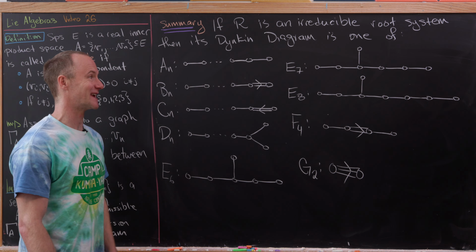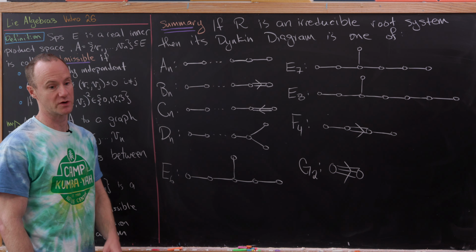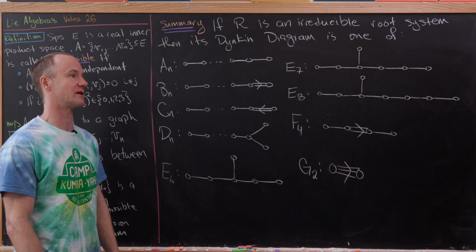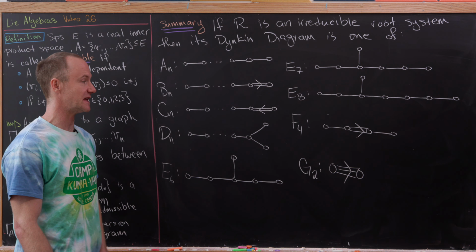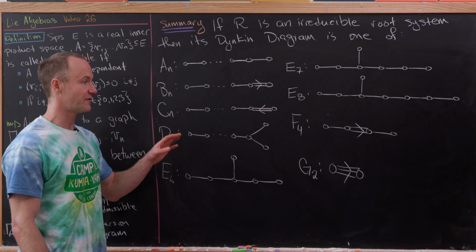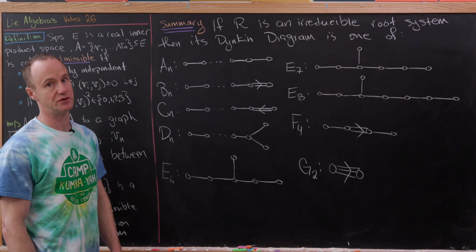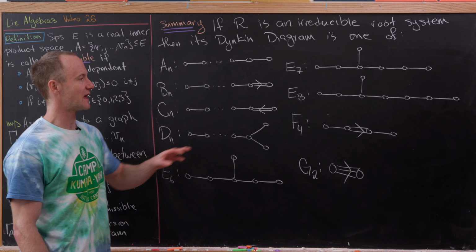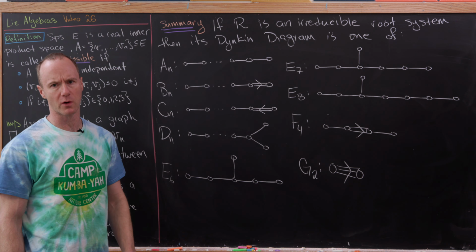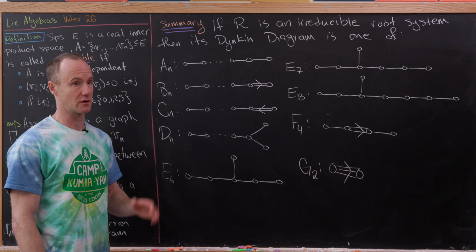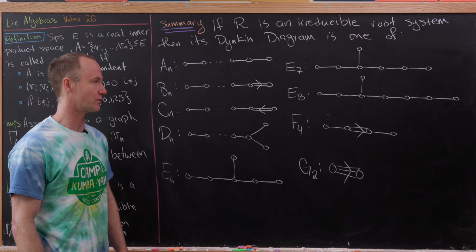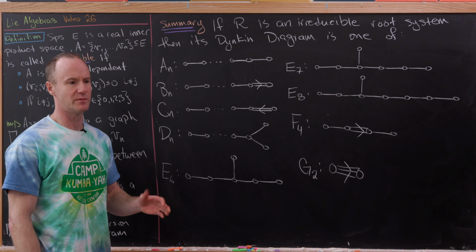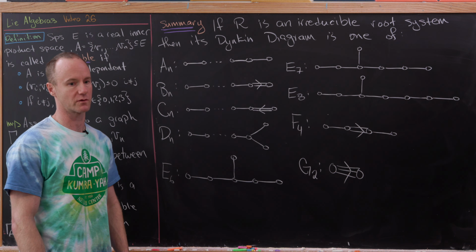And then you've got these exceptional types as well, which we hadn't seen these Dynkin diagrams until today. So E6, E7, and E8. You've got F4 and you have G2. So I'd like to point out that E8 is super important in mathematical physics. Actually, lots of Lie algebra study is really important in mathematical physics, but E8 plays a pretty important role.